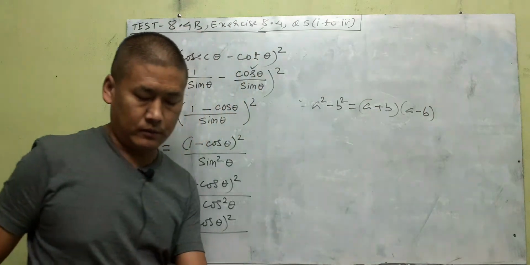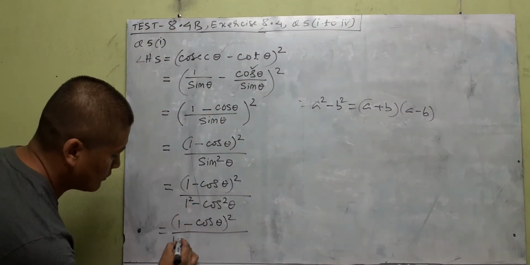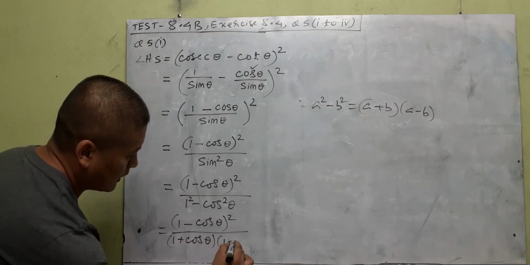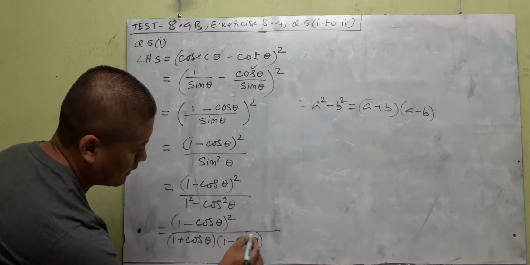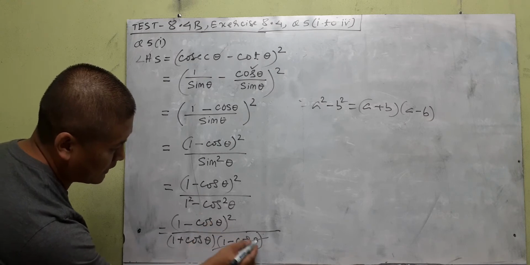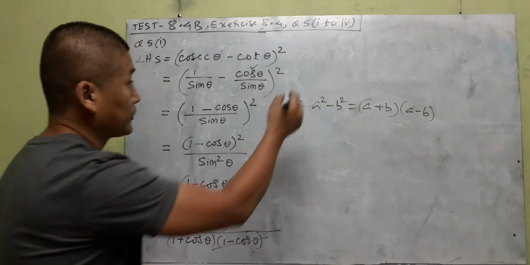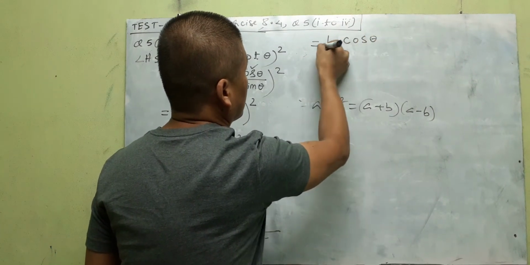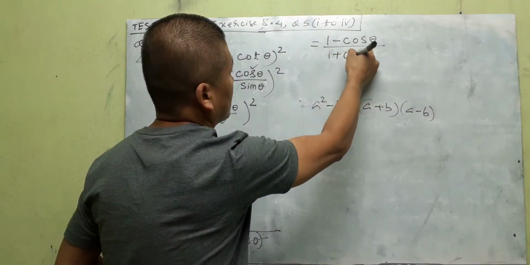So 1 square minus cos square theta changes to (1 plus cos theta) into (1 minus cos theta). Here, 1 minus cos theta to the power 2 minus 1 leaves only power 1. Now we are left with 1 minus cos theta in the numerator, and 1 plus cos theta in the denominator.